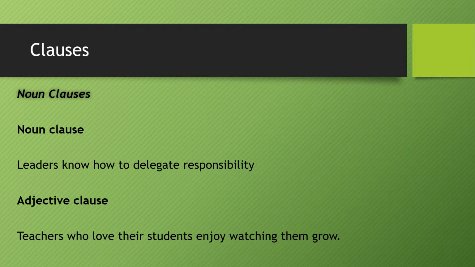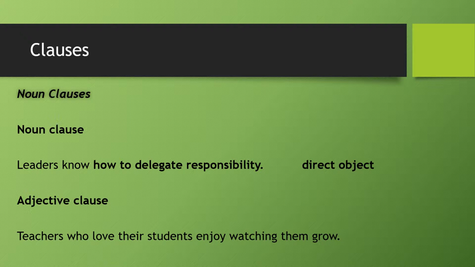Leaders know how to delegate responsibility. The noun clause in this sentence is how to delegate responsibility, and it serves as the direct object in this sentence, giving explanation to leaders know what. Leaders know how to delegate responsibility.